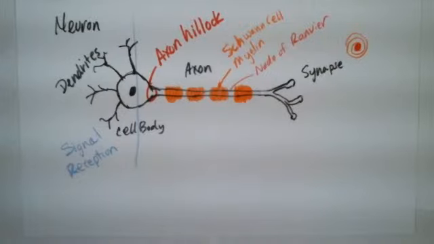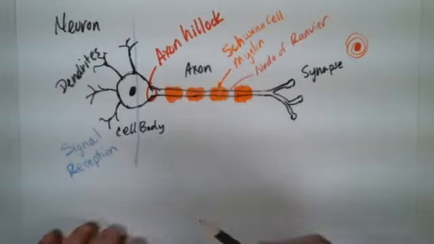The next area is what's called signal integration. We have the cell body, and you have to hit certain requirements within the cell, which has to do with membrane potentials and things along those lines, details we don't get into in a high school anatomy class.